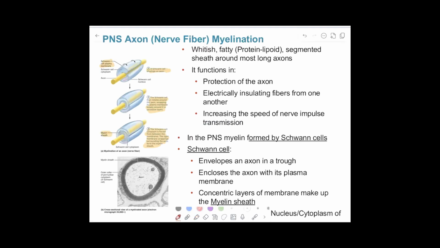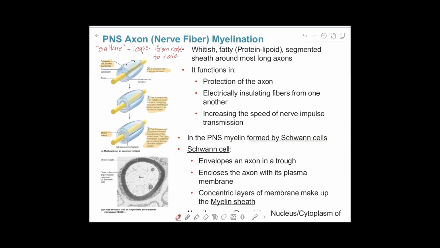The beauty of this myelin sheath is that it allows action potentials to leap from node to node. It comes from the word saltare, which means to leap, from node of Ranvier to node of Ranvier, for very fast nerve conduction.